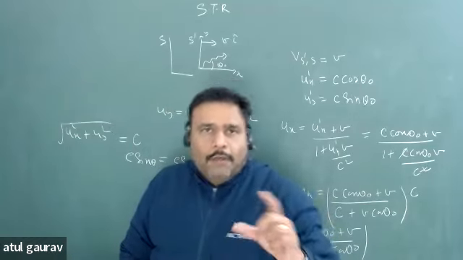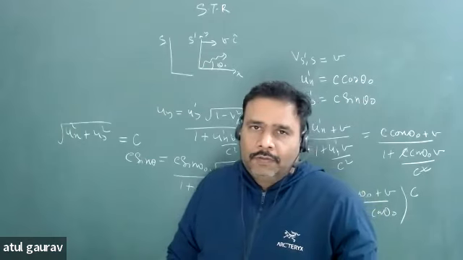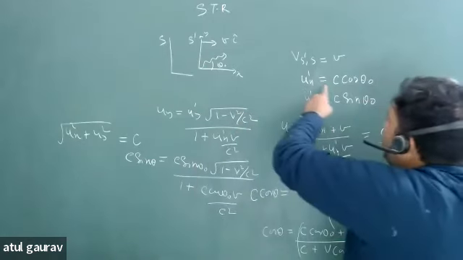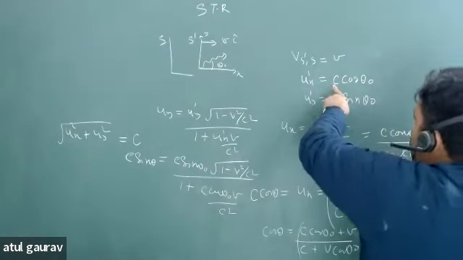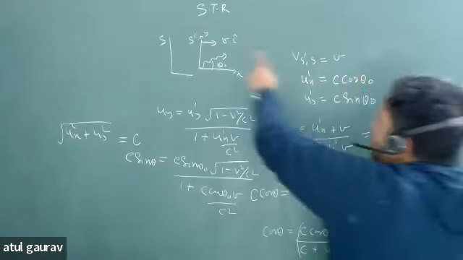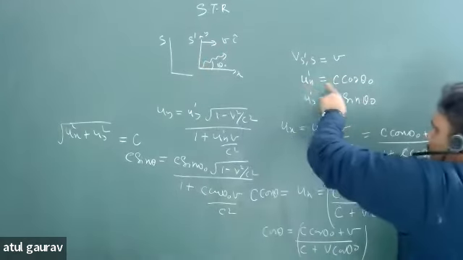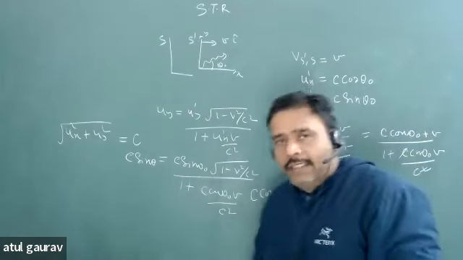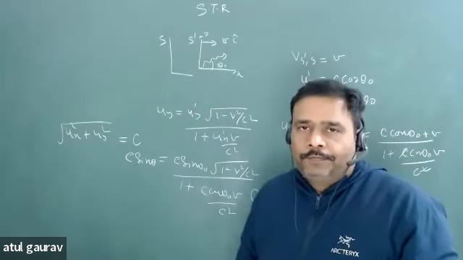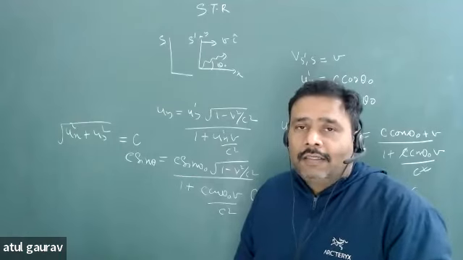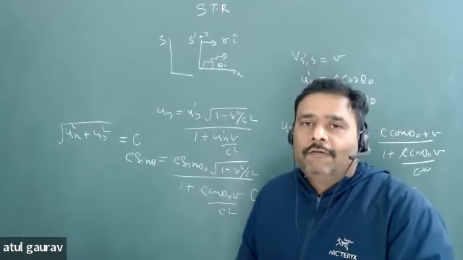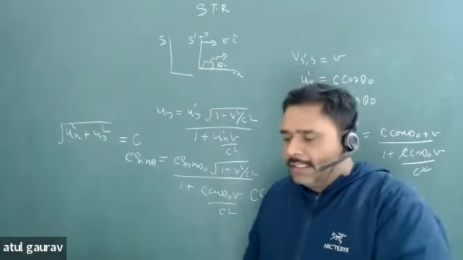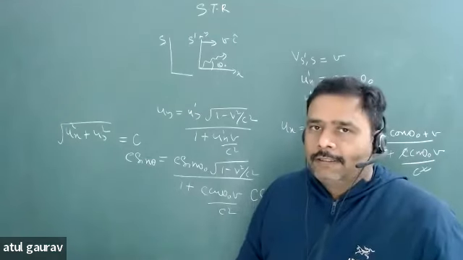But when we are talking about its component, suppose this component has magnitude c cos theta naught from the S dash frame, then this x component will not remain c cos theta naught. It is just going to change because c cos theta naught has some different number which is less than c, and once it is less than c, it has to change.